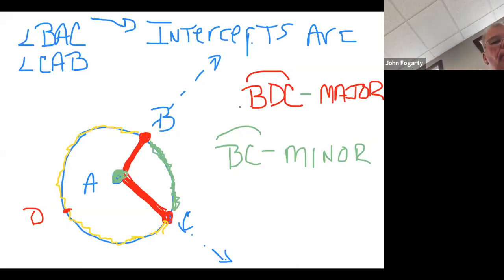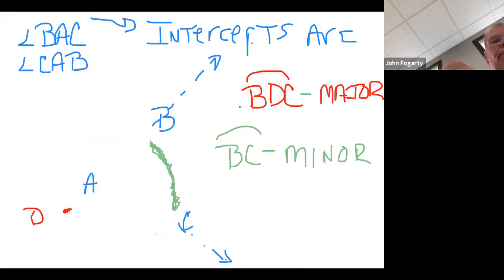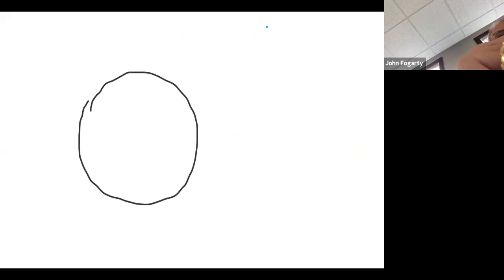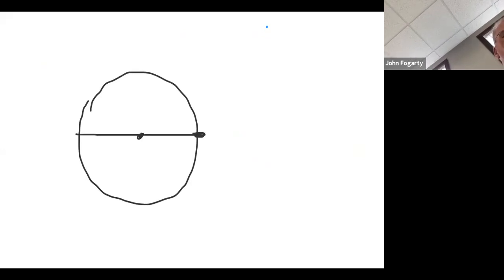All righty. Now, if we look at this a little bit closer, let me clear the whole thing. Sometimes we have an angle that's a straight angle. That's still an angle, gentlemen.